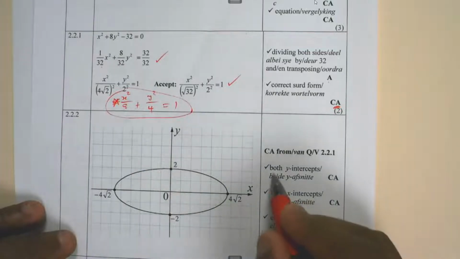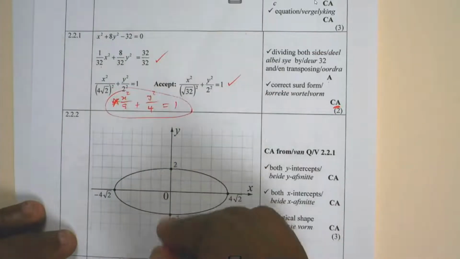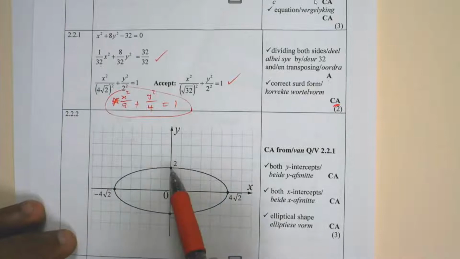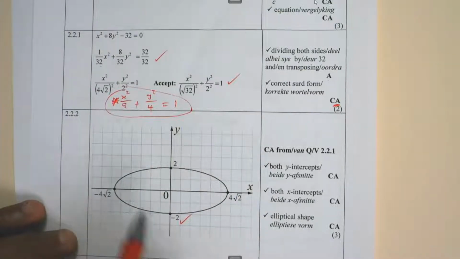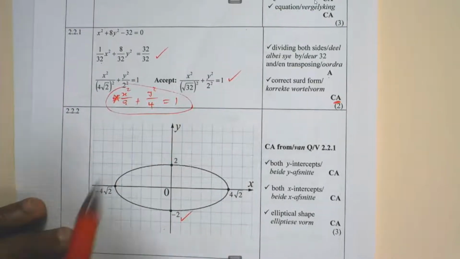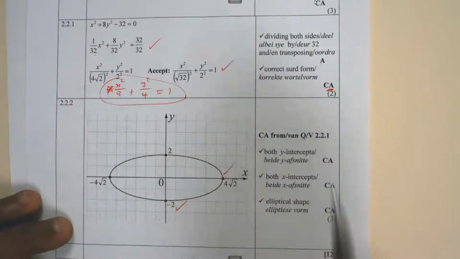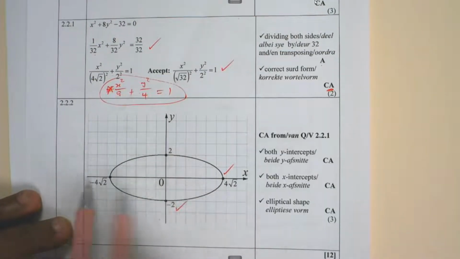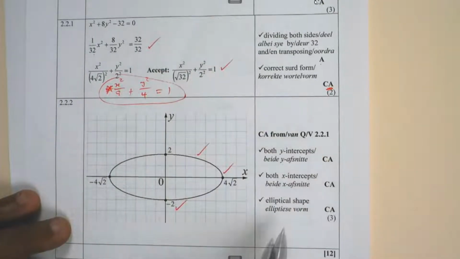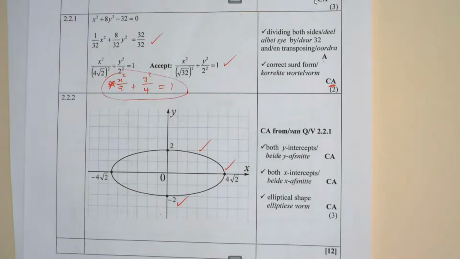Now, 1 mark for both y-intercepts, 2 and negative 2. It means both of them must be correct based on what is written here. The second mark will be for both x-intercepts, and the last mark will be for the elliptical shape.